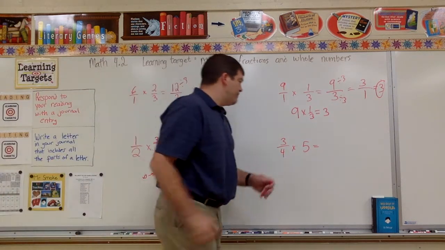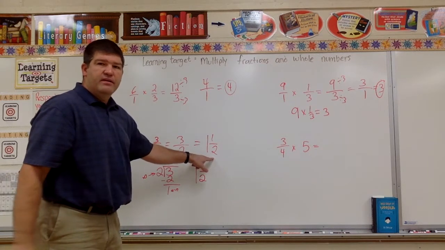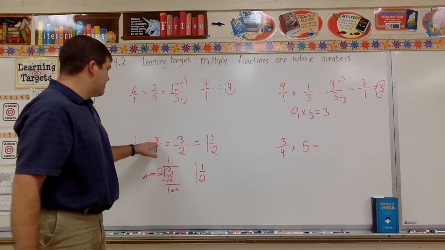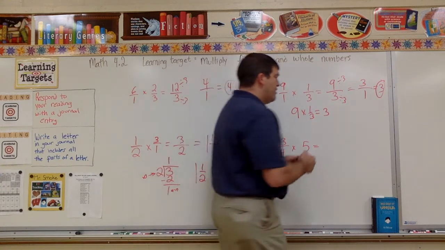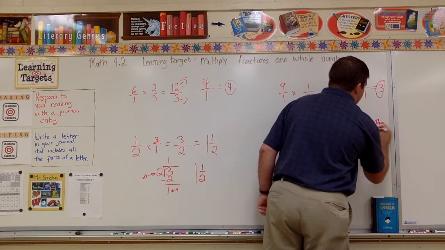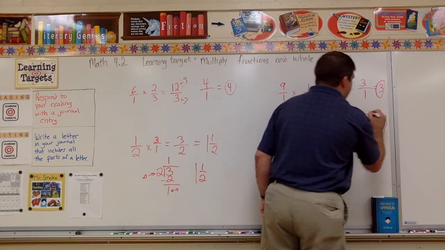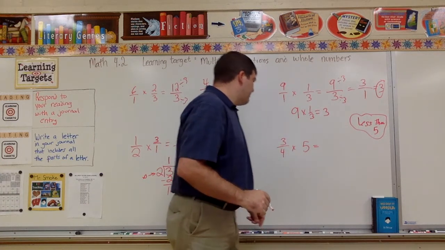Okay, let's go over here. And 1 1/2 is less than 3, so I know I was good there. So 3/4, I know I need a number less than 5. 3/4 times 5.